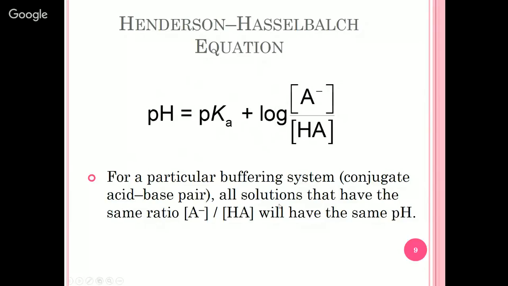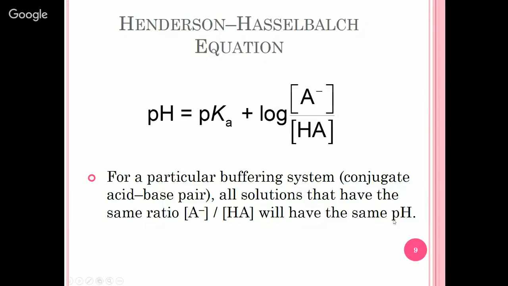For a particular buffering system, once again, a conjugate weak acid-base pair, all solutions that have the same ratio of A minus to HA will have the same pH. So what do we mean by this?